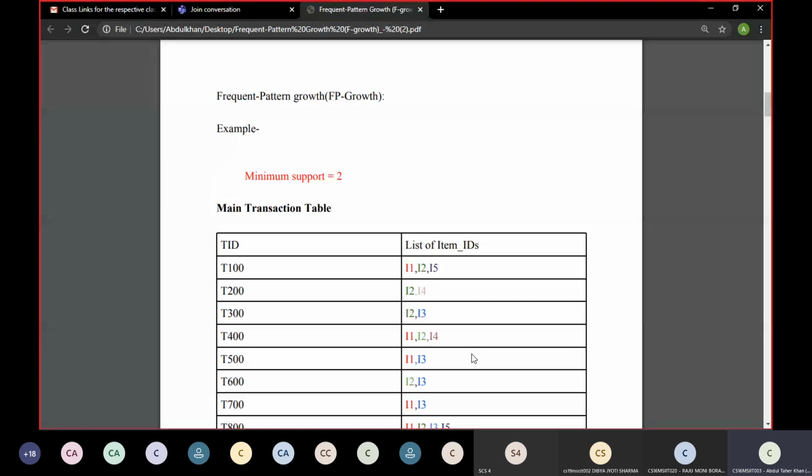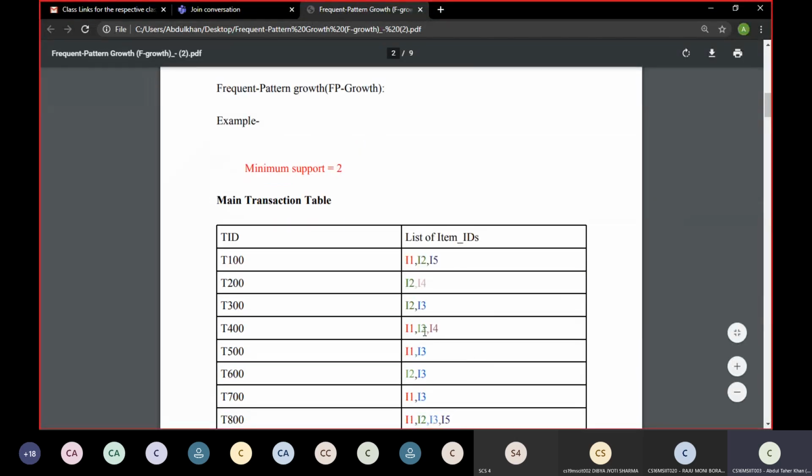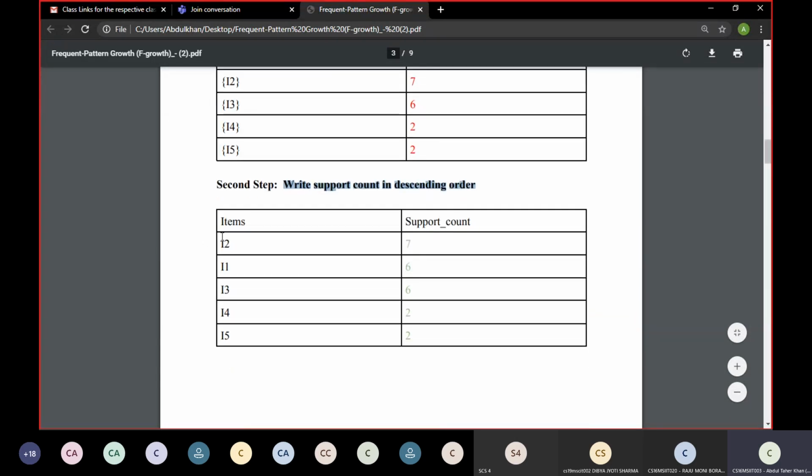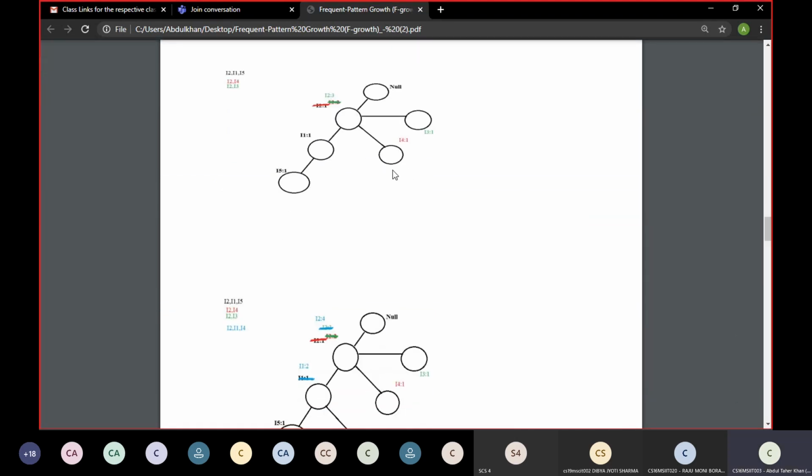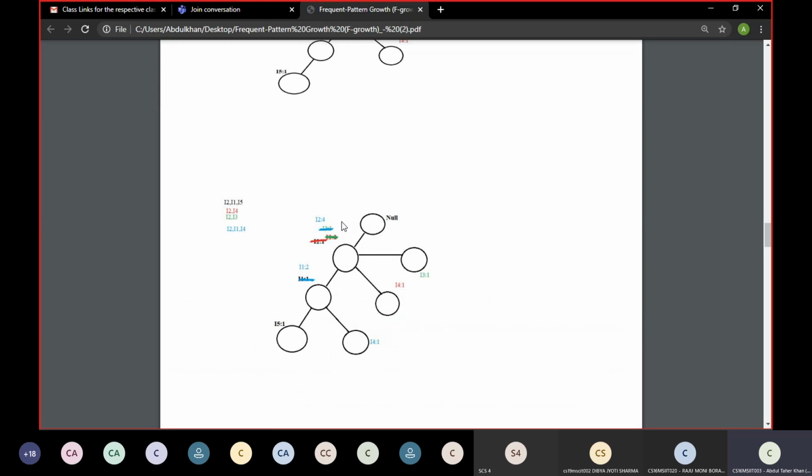In the ordered table we have I2 first, I1 second, and I4, so I2, I1, I4. We increase the count of I2 to 4. Then from I2 to I1, we already have I2 to I1, so we increase its count to 2.